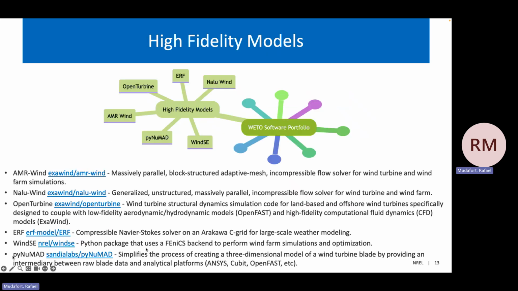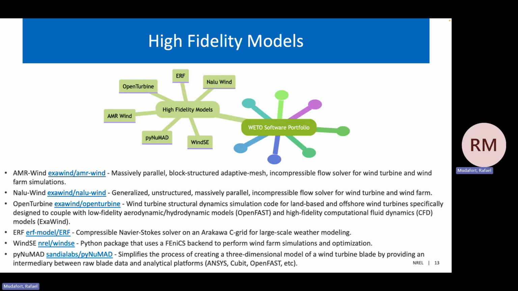We also have high fidelity models. These also include some that you may have heard of. AMR-Wind and NAWEA Wind are the high fidelity CFD models for doing blade-resolved simulations and high fidelity wind farm simulations. OpenTurbine is a new structural dynamics code that is in active development, and it's designed specifically to couple with both engineering models like OpenFAST and high fidelity computational fluid dynamics models.